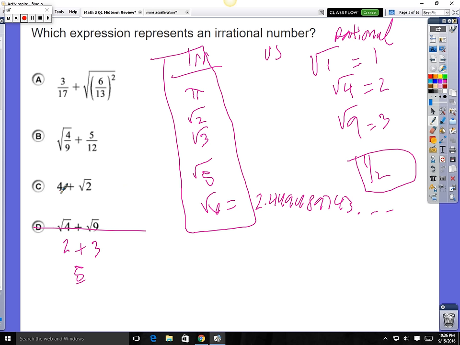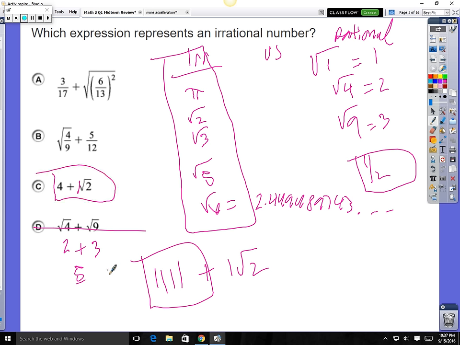So if you have 4 ones, 4 ones is 1, 2, 3, 4. 4 ones plus 1 square root of 2. These are cool, but this one is no good. And if you add a rational to an irrational, your answer is just that, a rational plus an irrational. There's no way to add them. And a rational plus an irrational, because it has an irrational, it is considered irrational. So the answer is C.